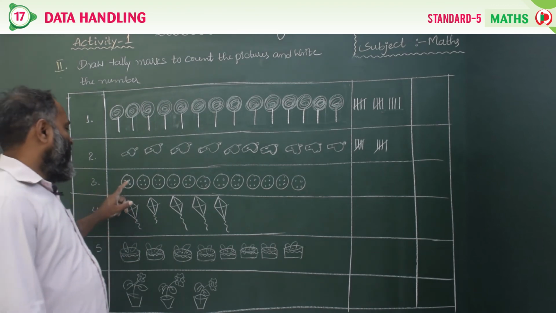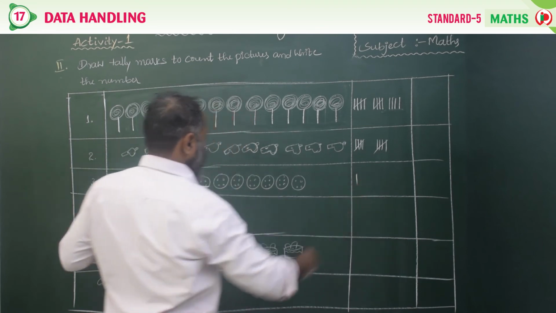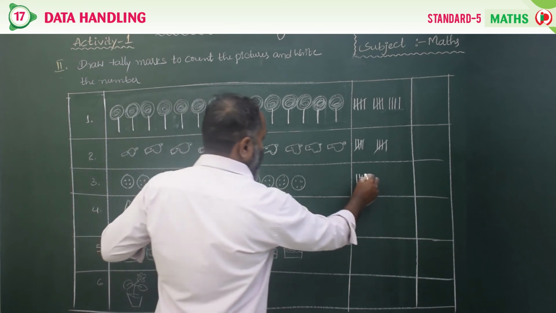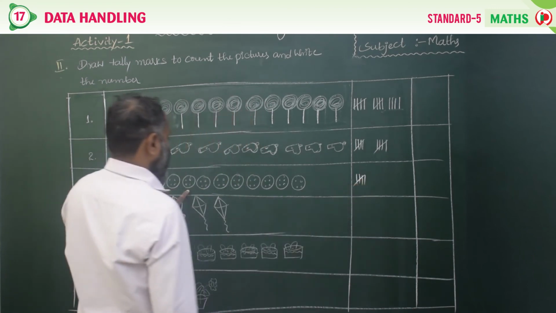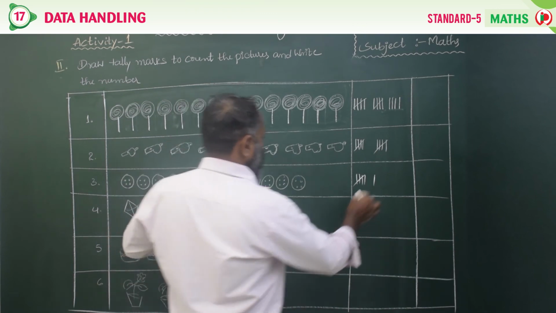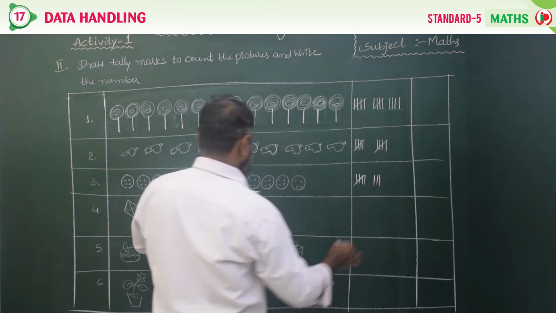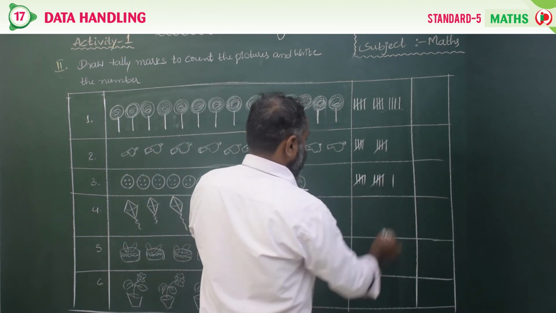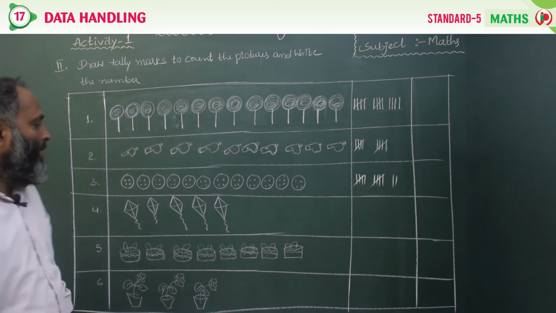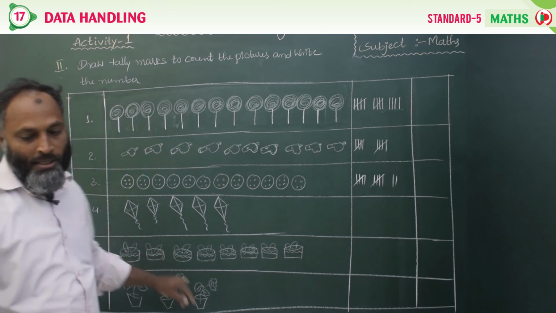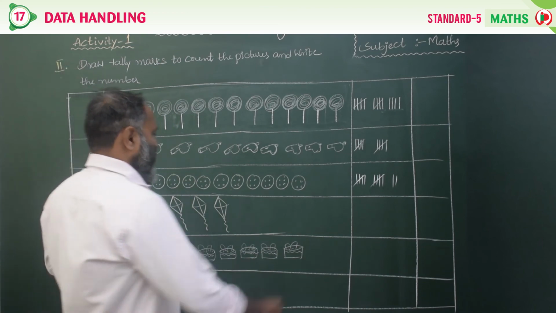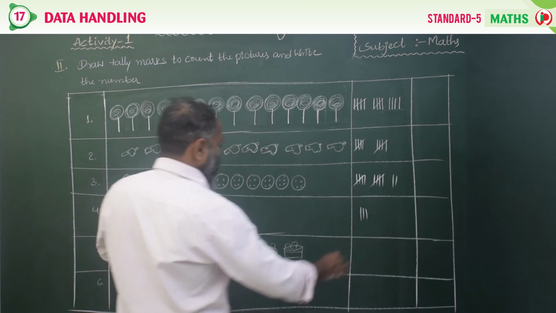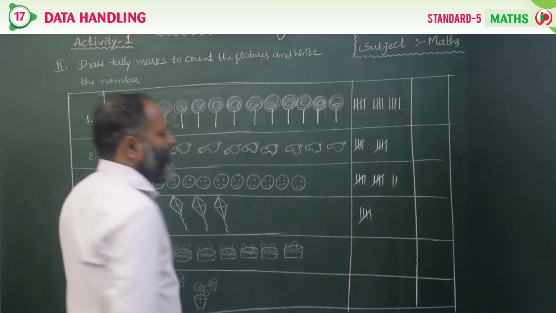Tally marks first: 1, 2, 3, 4, 5. Next 6, 7, 8, 9, 10. Next 11, 12. Now kites. How many kites? 1, 2, 3, 4, 5th is a slant line.